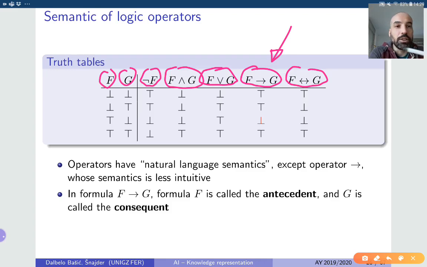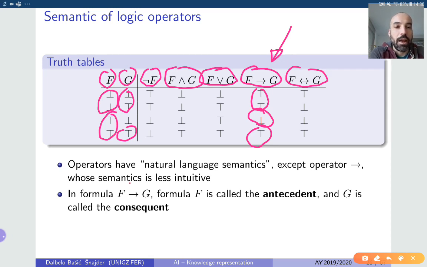So it makes sense to make sure that you understand how the semantics works. If F is false, then F implies G is going to be true, regardless of the value of G. But if F is true, then the only combination that I'm not allowing, which should evaluate to false, is if G is false. Otherwise, if G is true, then the whole implication is true as well.